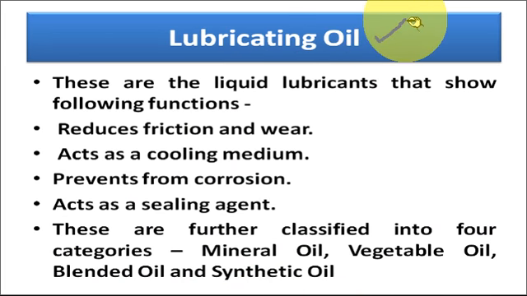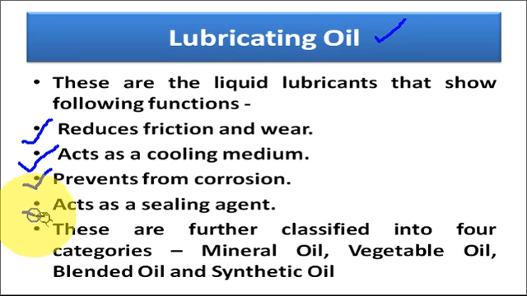First we will take the lubricants which are in liquid condition. Those lubricants are known as the lubricating oil. The main properties of the lubricating oils are: it reduces the friction and the wear. It also acts as a cooling agent. It prevents the metal surface from corrosion.